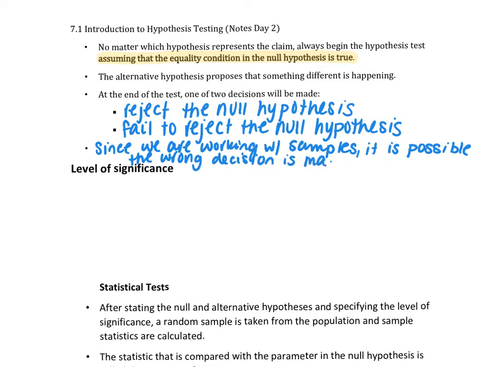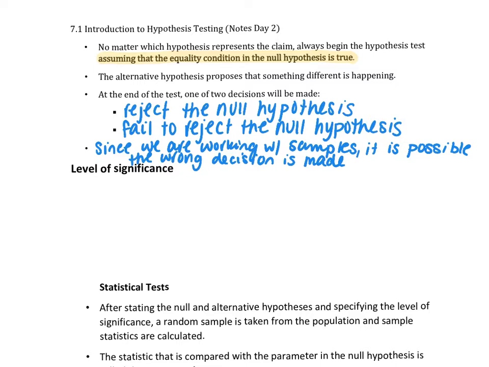And this is because you're just working with a small number of information pieces or data pieces from an entire population. So if your sample isn't representative of the entire population, it's very possible that you might go through the test, you might make all what would seem to be correct decisions based on the sample that you've been provided, but in the end, your decision could still be wrong. Okay, and that's just part of the hypothesis testing. That's just the way it goes.